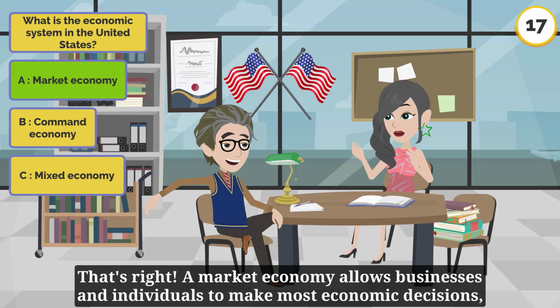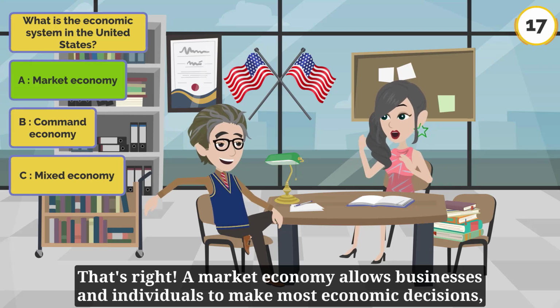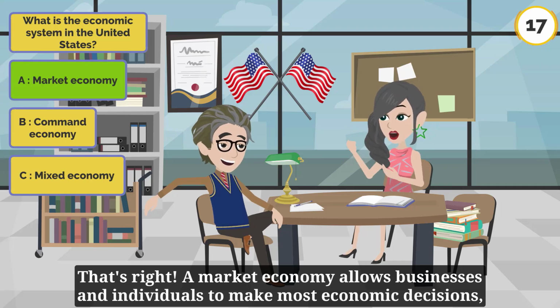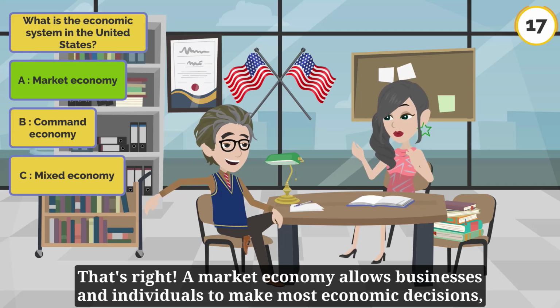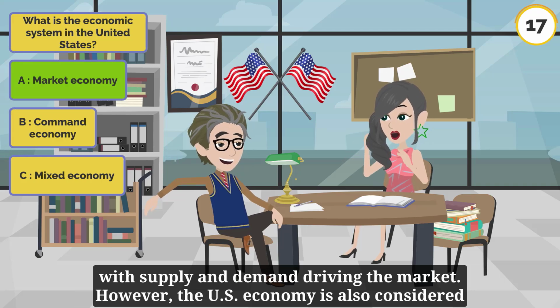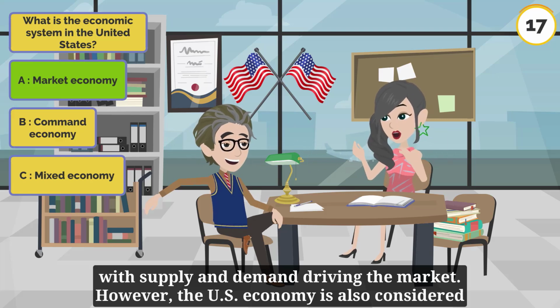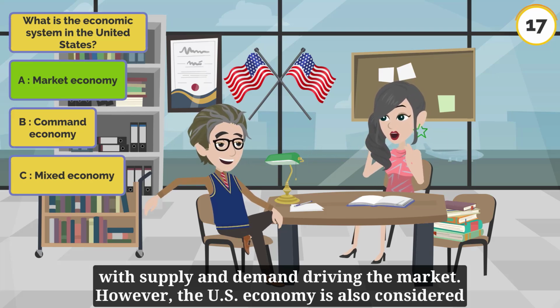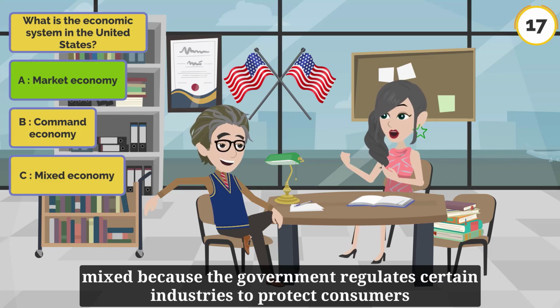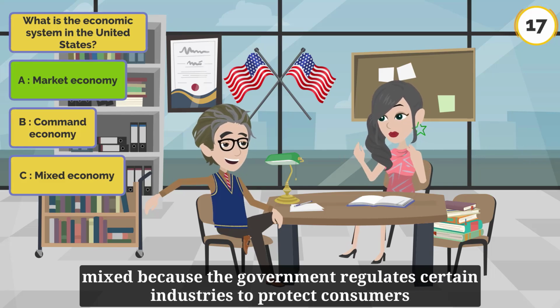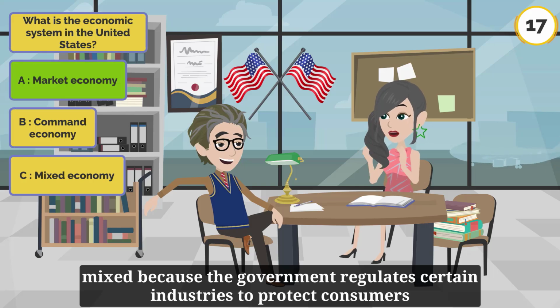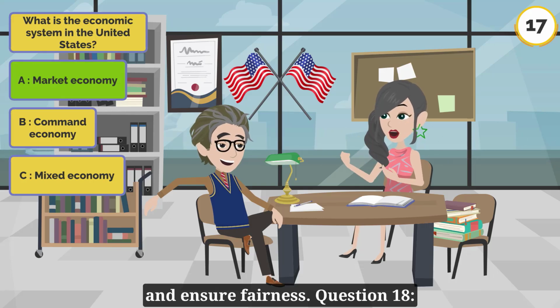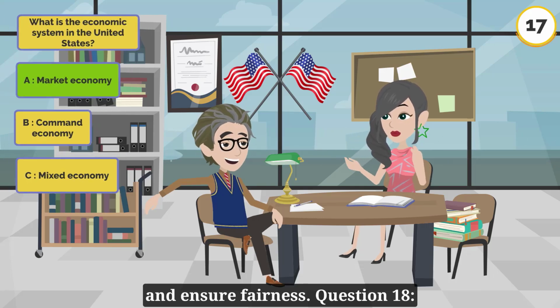A market economy allows businesses and individuals to make most economic decisions, with supply and demand driving the market. However, the U.S. economy is also considered mixed because the government regulates certain industries to protect consumers and ensure fairness.